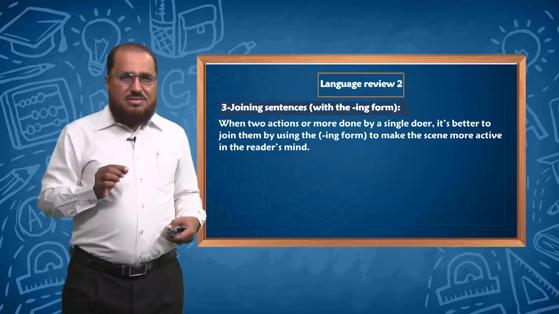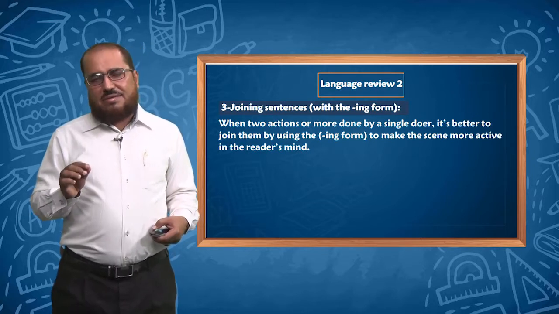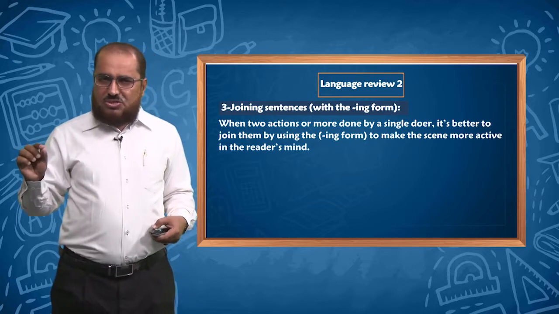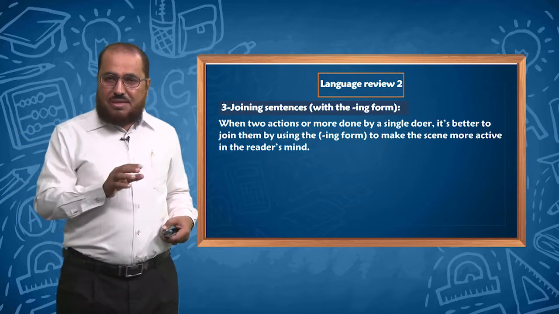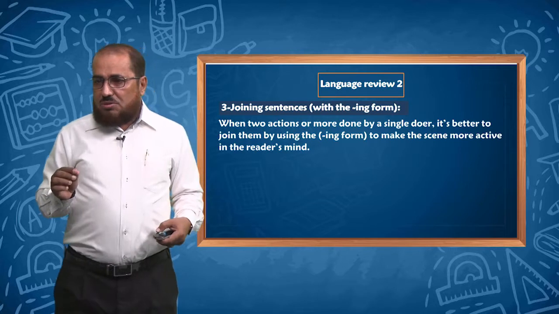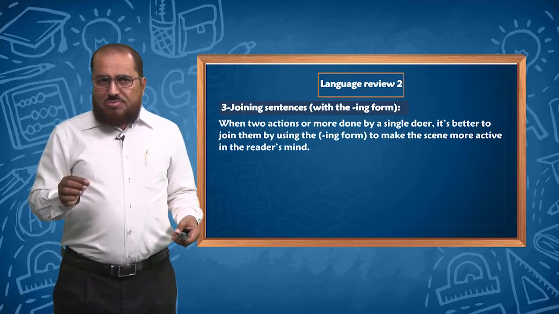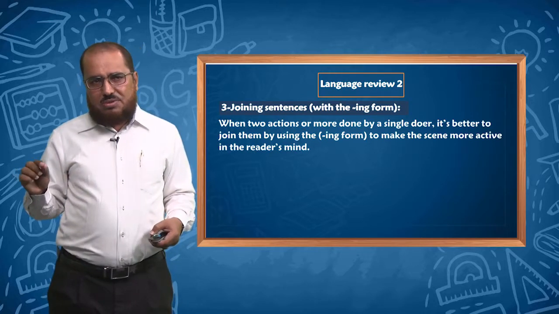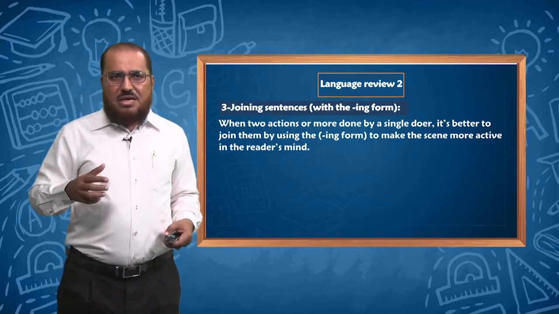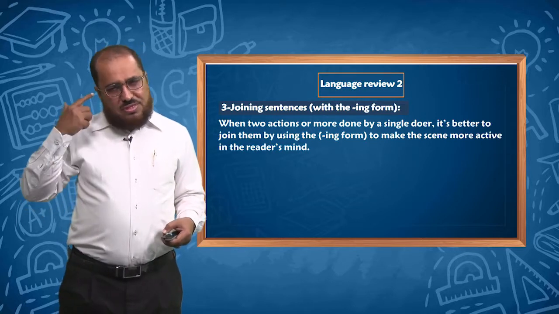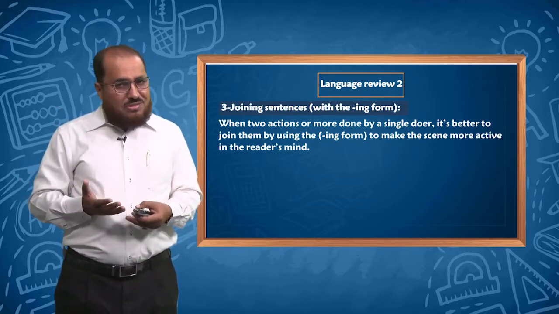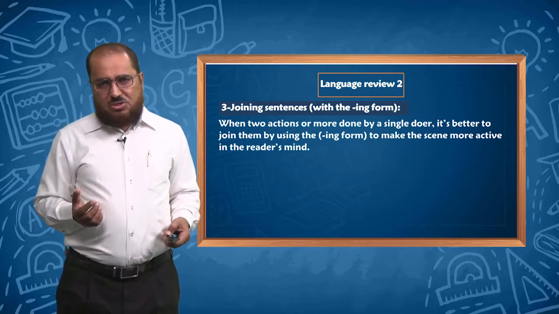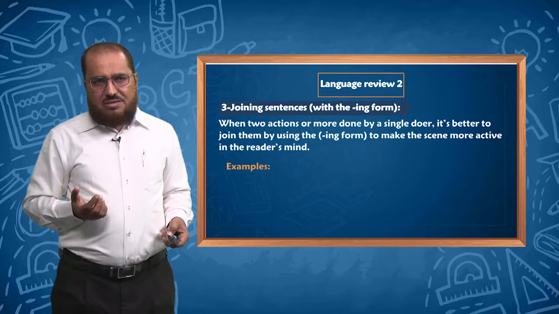When two actions or more are done by a single doer, the same subject, the same person, the same item, it's better to join them by using the ing form to make the sentence more active in the reader's mind. That means to set the scene in the reader's mind. Let's have some examples to clarify this topic.